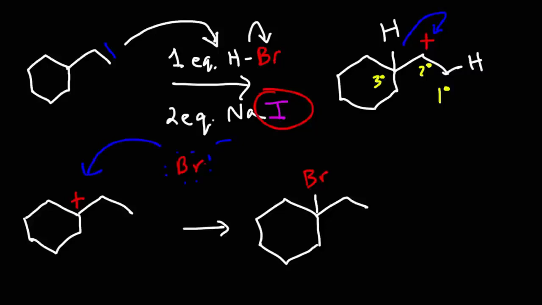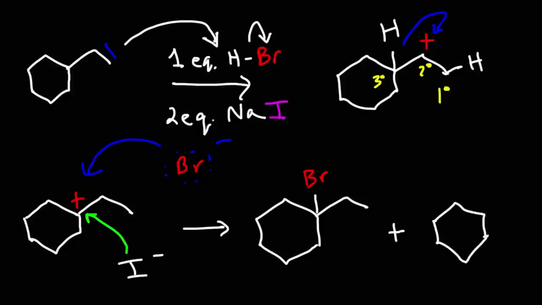Now we also have iodide in solution, so iodide could also react with the carbocation. So in this example problem, we're going to get a mixture of products. The question is, which one is going to be the major product?